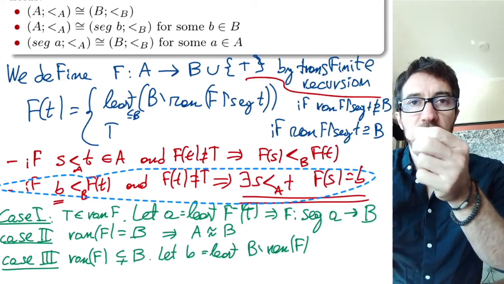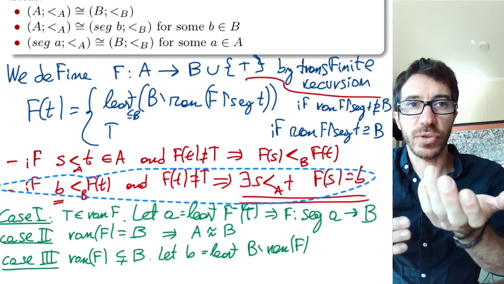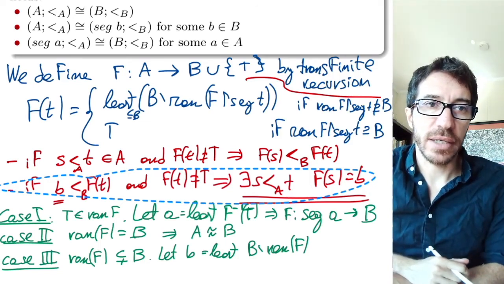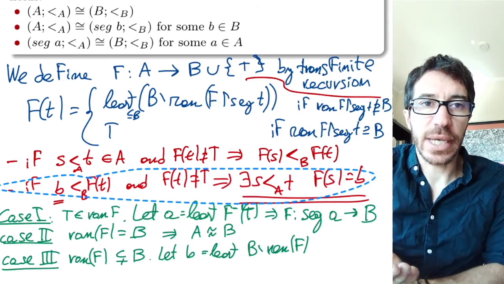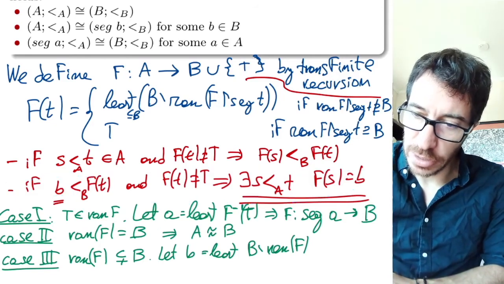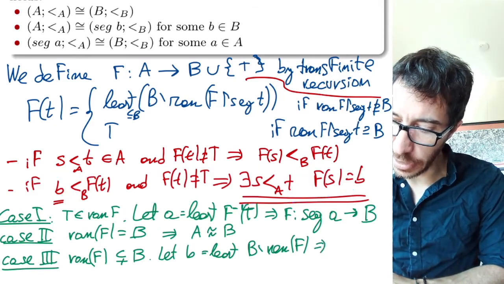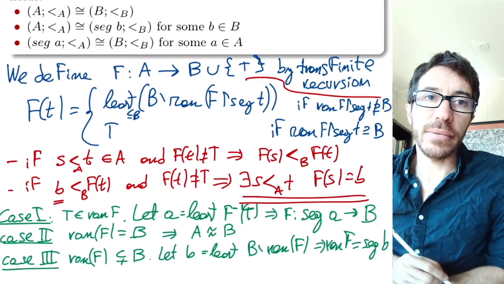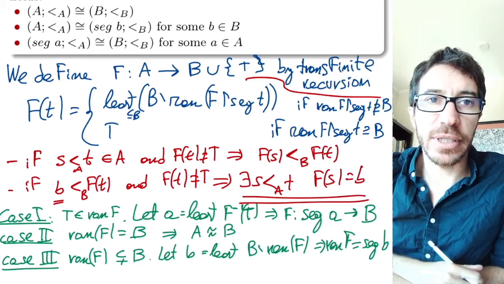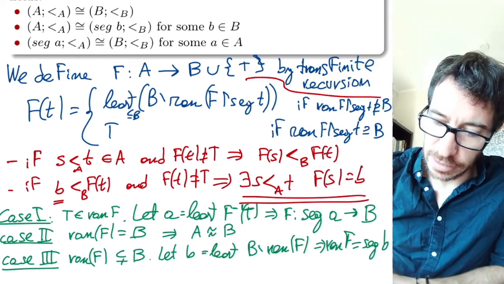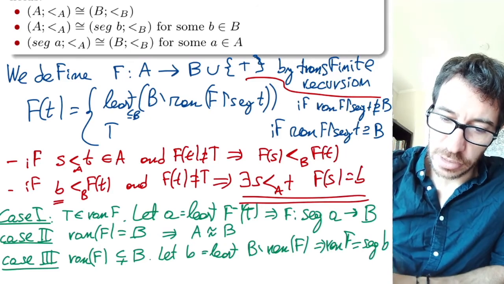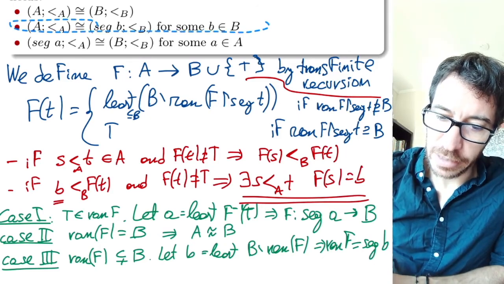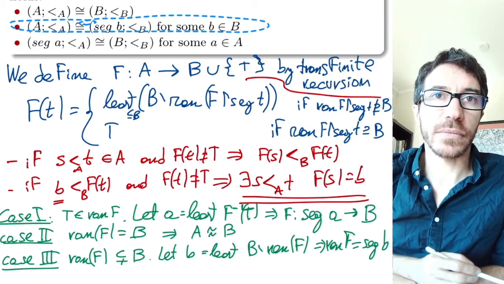If something belongs to the range, everybody below it also belongs to the range. That's what that says. So B is the first one that doesn't belong to the range. So what we actually get right here is that the range of F is equal to the segment of all the things below B. So B is the least one that is not in the range, right? And then that puts us in case 2.